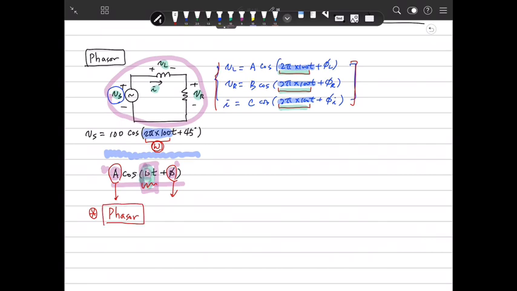With a phasor, all variables such as current or voltage can be expressed by only magnitude and phase.